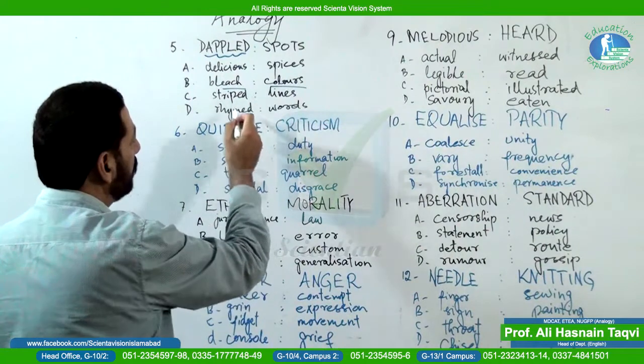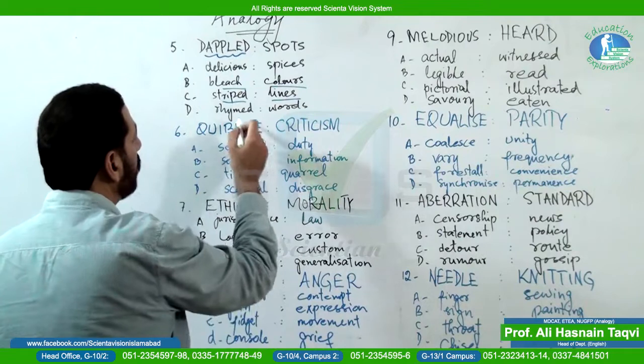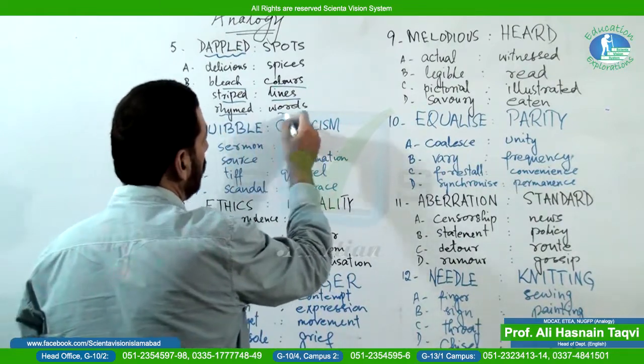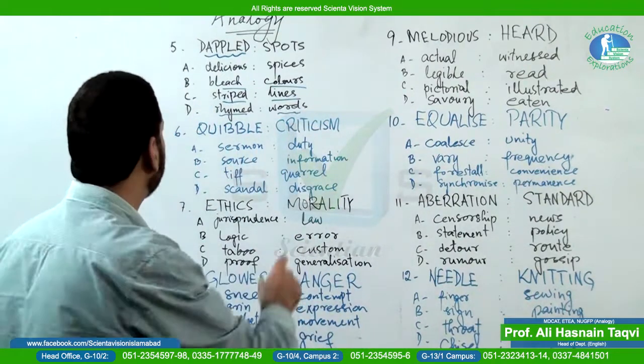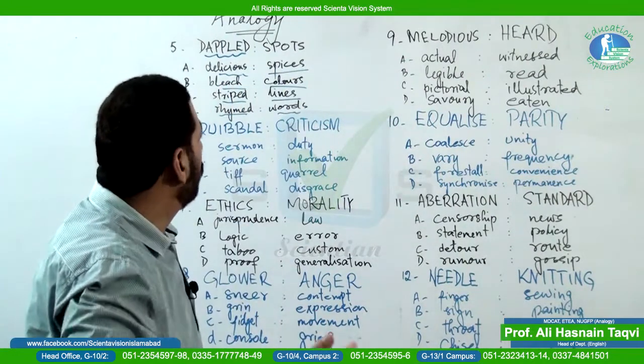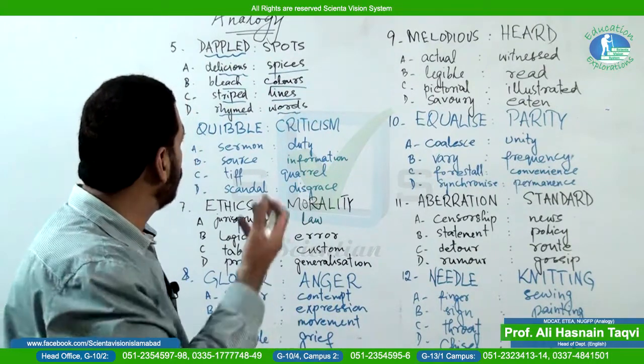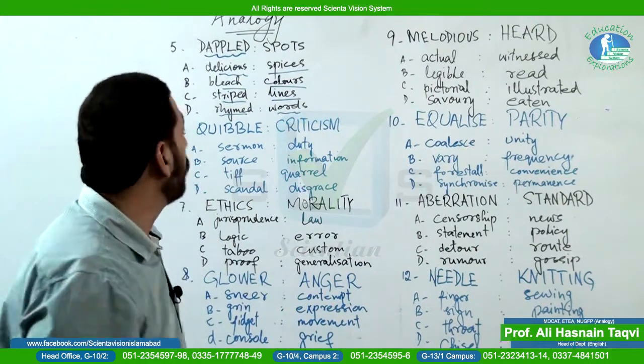Bleach reduces colors, striped means that what has lines. Rhymed, words could be rhymed. Delicious could be by virtue of spices, but even when there are no spices, some sweet dish could also be delicious.